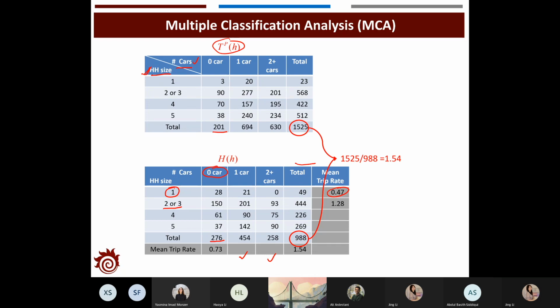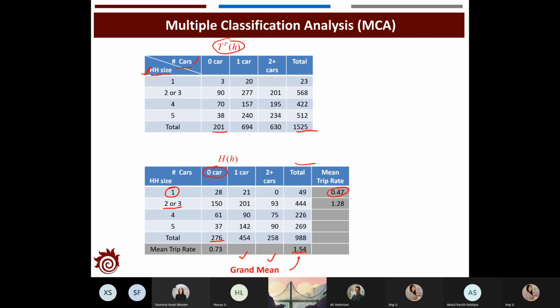Another thing you need to think about is the grand mean. The grand mean represents the total number of trips for all the categories with respect to the total number of households. In this example, the total number of trips that we consider is 1,525, and the total number of households is 988. So with that, the grand mean is 1.56 or 1.54.